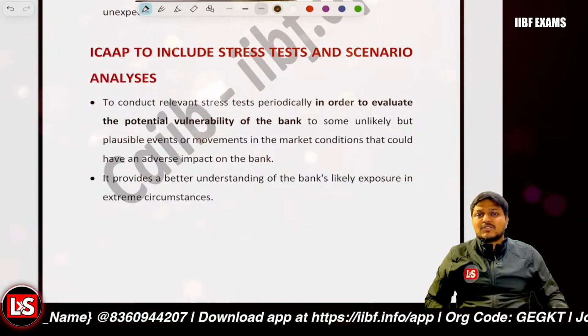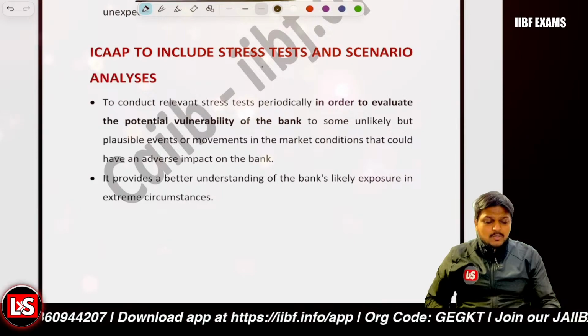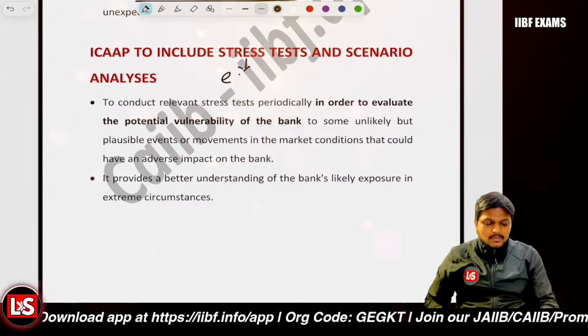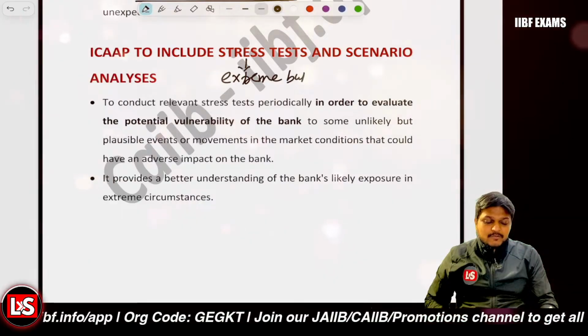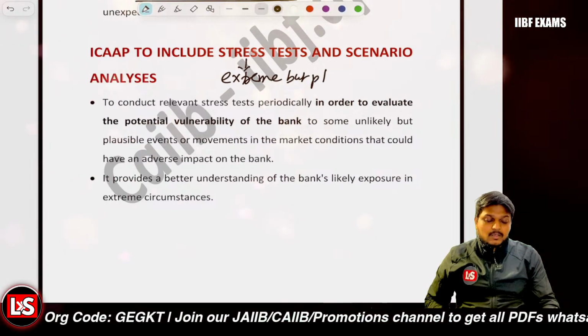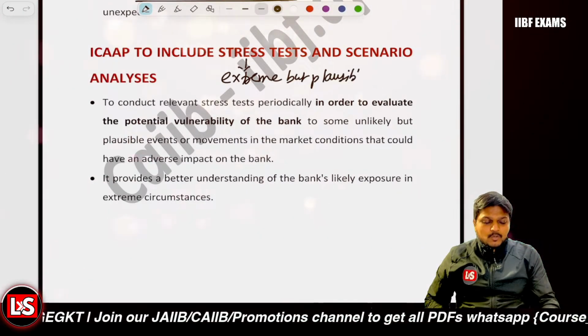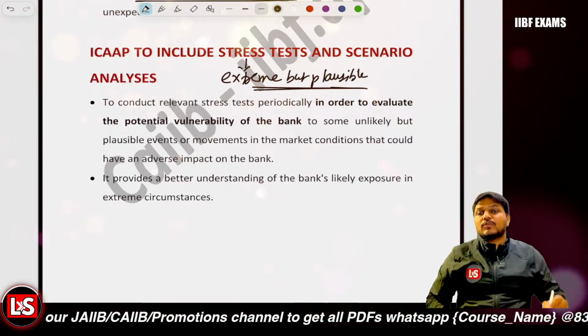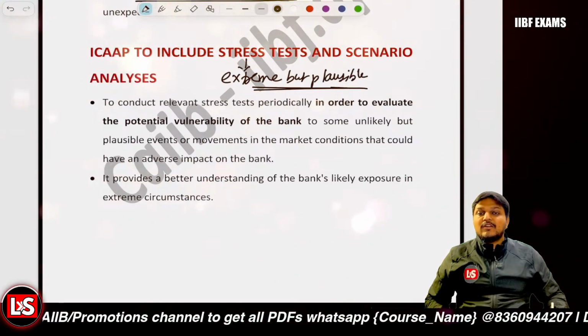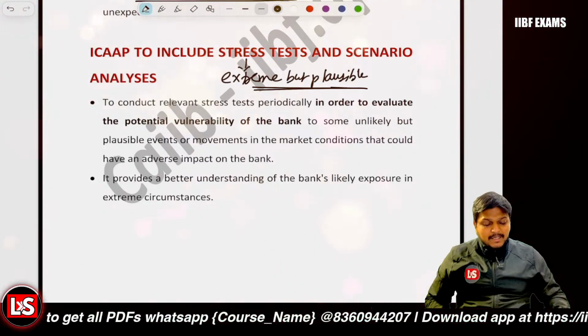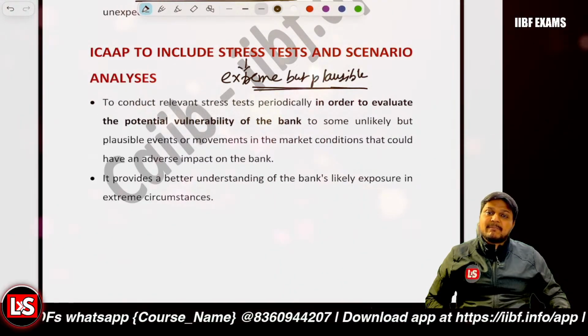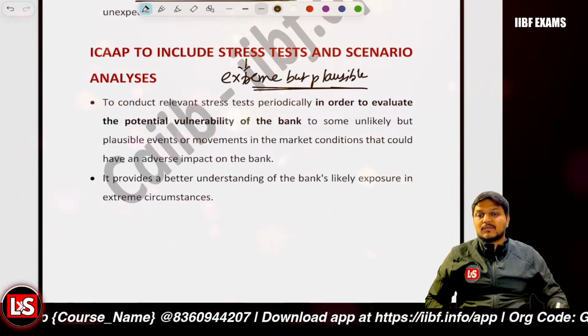Further, it's related to ICAAP so as to include the stress testing and the scenario analysis. So when we're talking about the stress testing, we are to talk about the extreme things, but plausible, which are possible. Extreme but plausible scenarios we are talking about. Like the interest rate is increased very sharply, there is economic slowdown, or NPAs are increasing very rapidly. That's the stress testing.